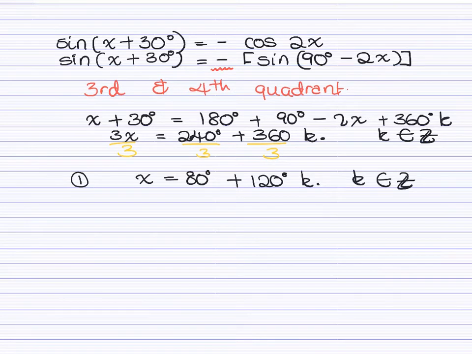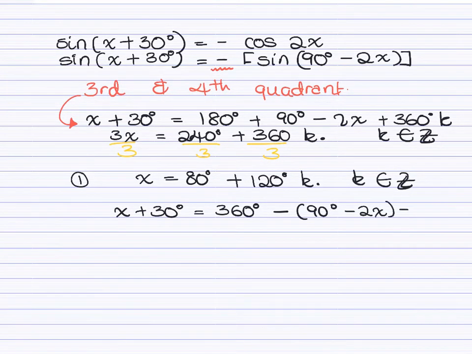And it was found in the third quadrant. Now in the fourth quadrant, we know that our angle is going to be 360 degrees minus theta. So what you then write is x plus 30 degrees equals 360 degrees minus your theta, which in this case is 90 degrees minus 2x, plus 360k, k being an integer.